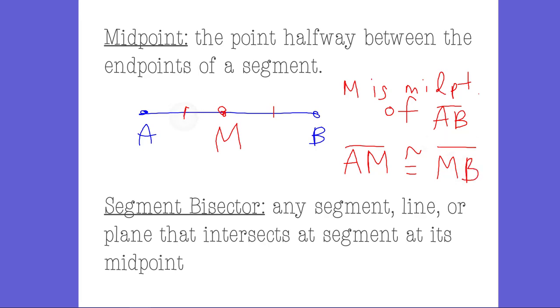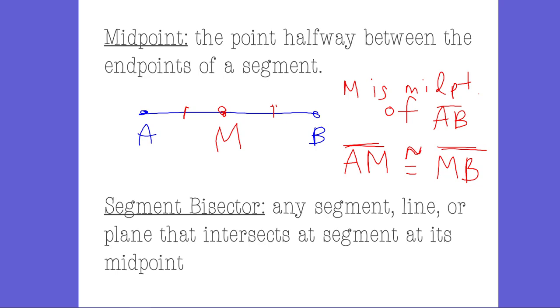Remember, when segments are congruent, you put a tick mark through them to indicate that they are congruent to each other. Congruent means they have the same length. So if I took a ruler and I measured the length of AM, it'd be the same as the length of MB. And then if your equal sign has a hat, which is that little squiggle on top, then your segments have to wear a hat too.